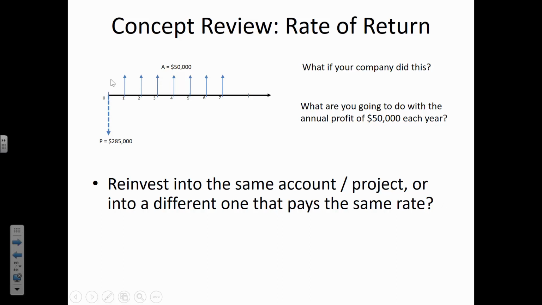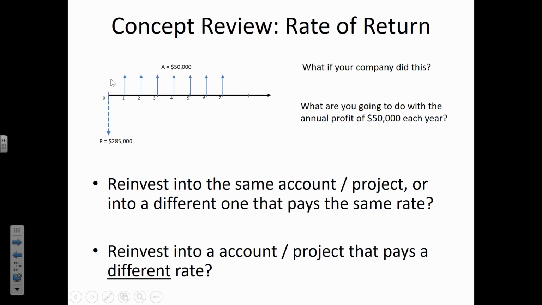But if that's not a possibility, and if instead you're reinvesting these profits into some other account or into a different project that is generating profits at a different rate, then you have to come up with a weighted average of the rates of return, and that's what the external rate of return was. And so today we're going to look at both IRR and ERR in a little bit more detail.